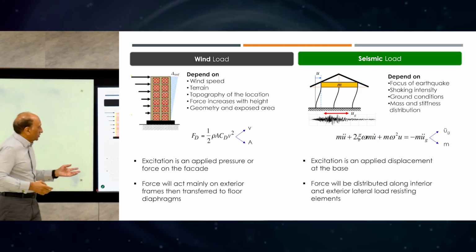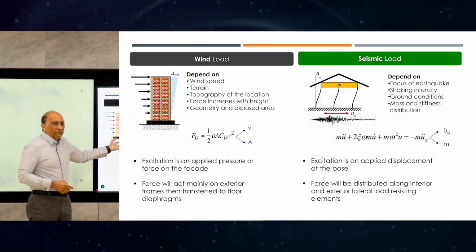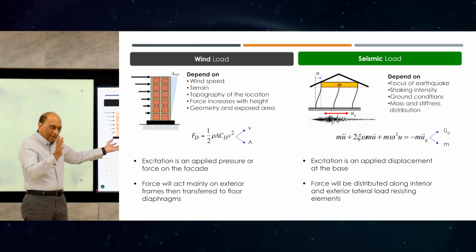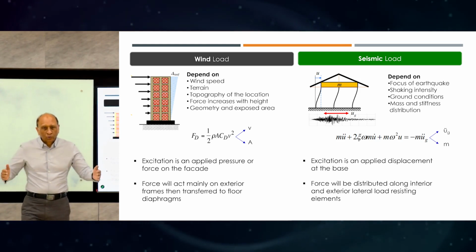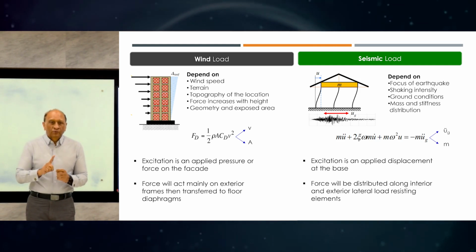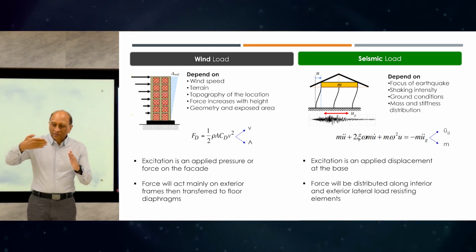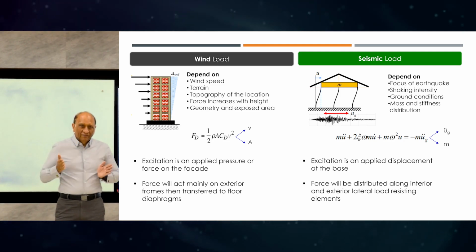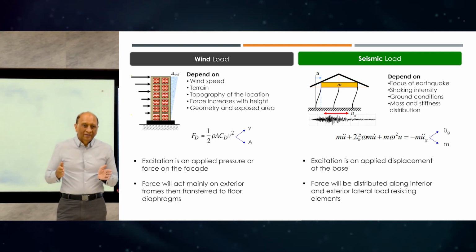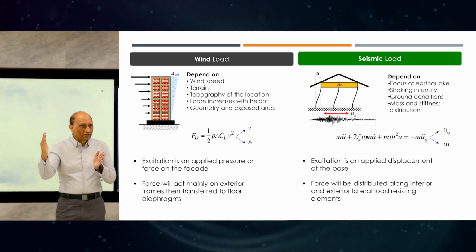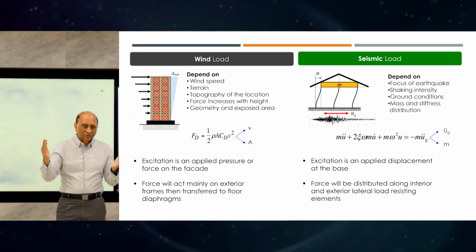First of all, as I mentioned to you, one is an actual force generated on the building by wind particles hitting the building and flowing around the building. So in tall buildings especially, two types of forces are generated. One is along the wind, which is the pressure on the building, and one is across the wind: the wind is flowing around the building, it creates vacuum, and the building will move to the vacuum or low pressure zone from the high pressure zone.